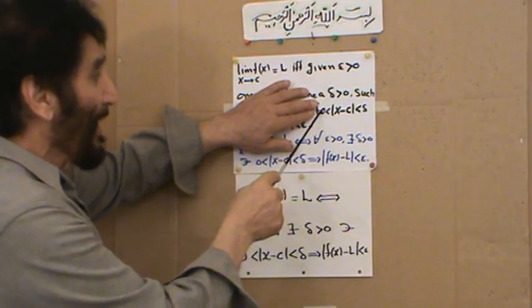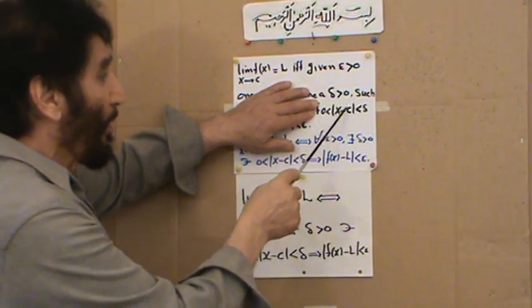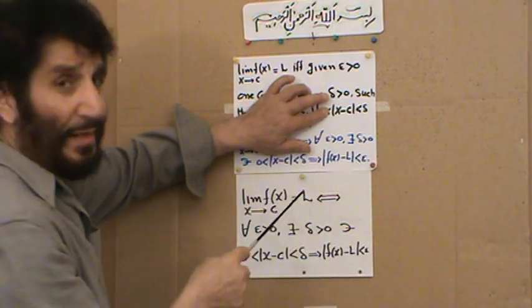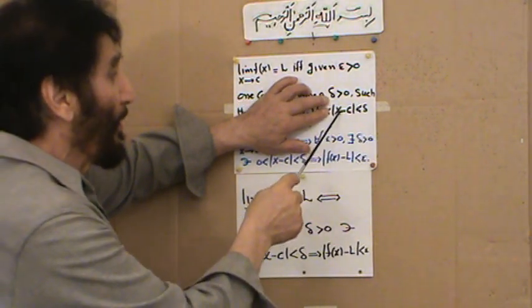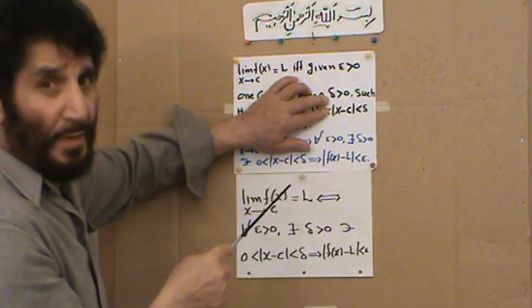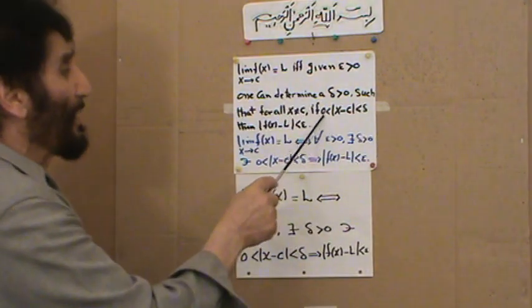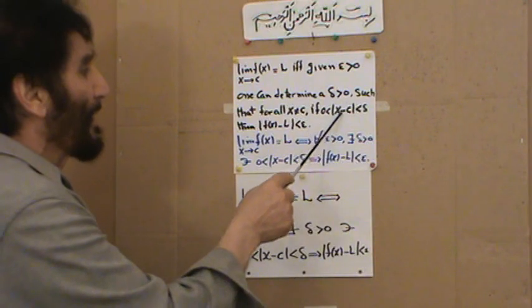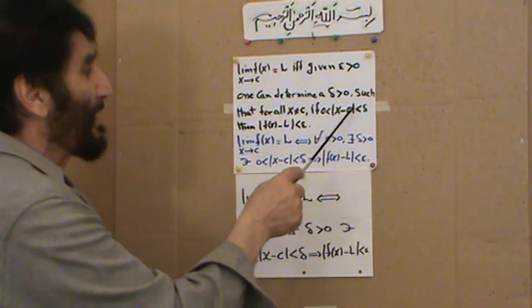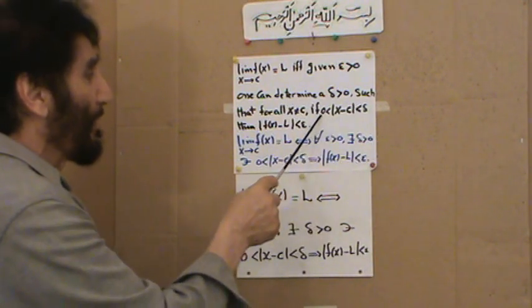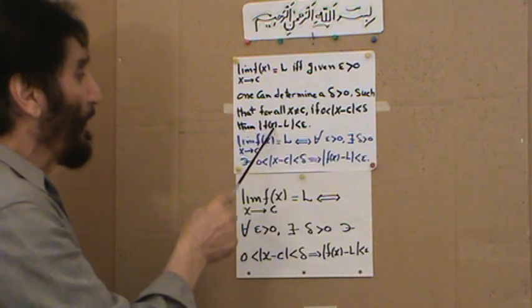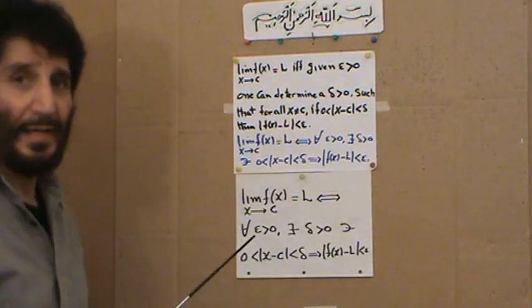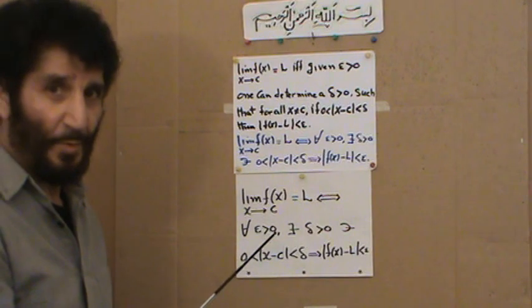When you say absolute value of x minus c greater than 0, that means x cannot be equal to c. If that was not given, then the possibility of x equal to c will be there. So that is the notation for that. Then if the absolute value of x minus c is less than delta, then the absolute value of f of x minus L is less than epsilon. All right?